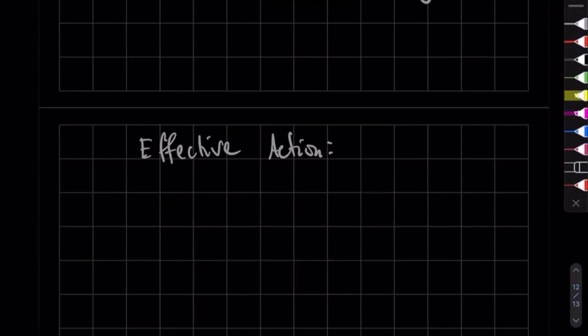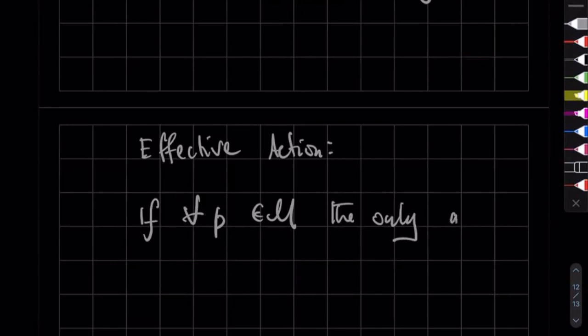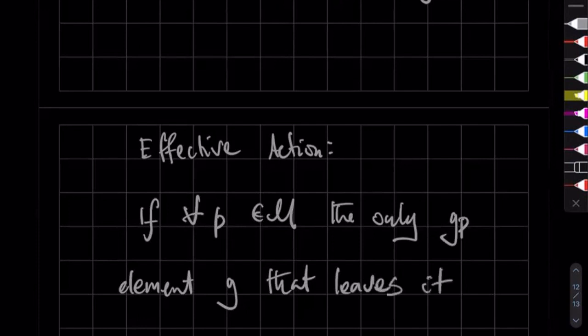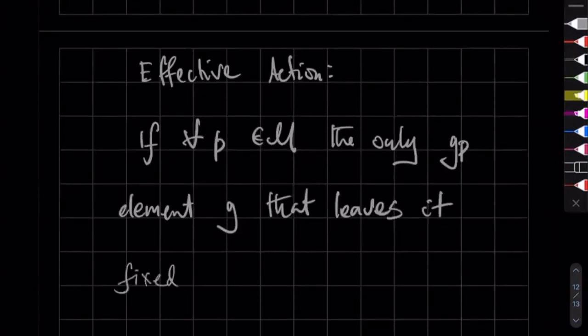So the definition of an effective action is that if for all P on a manifold, the only group element G that leaves it fixed is E, then that action is effective.